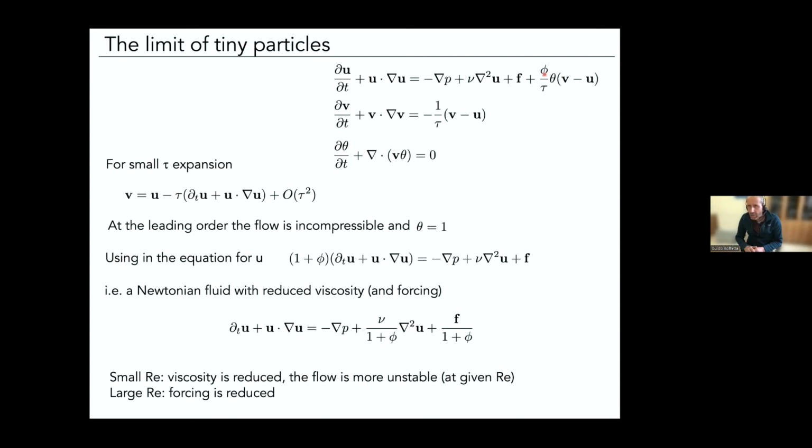If you have a larger volume fraction, then you have clustering, so the situation becomes more complicated. But if you assume a uniform distribution, with a volume fraction of order 10 to the minus 3 or smaller, you can assume that particle-particle interaction is not very important.